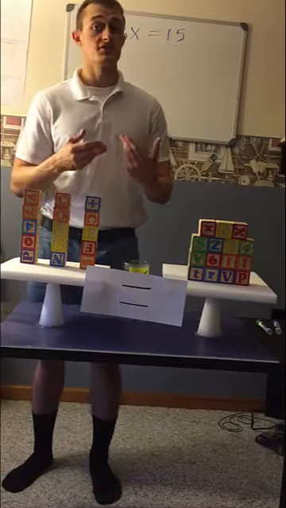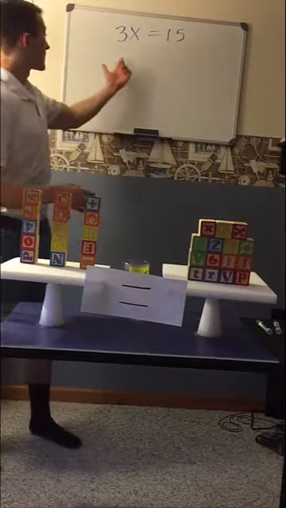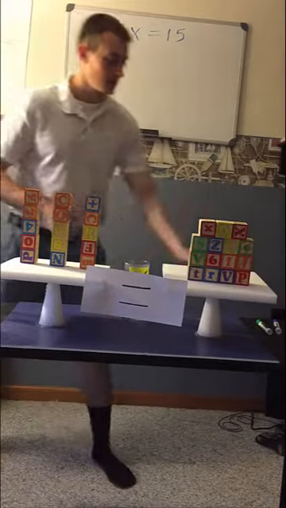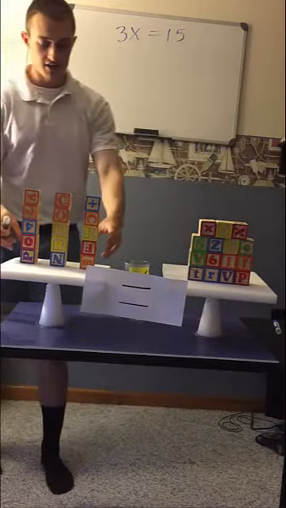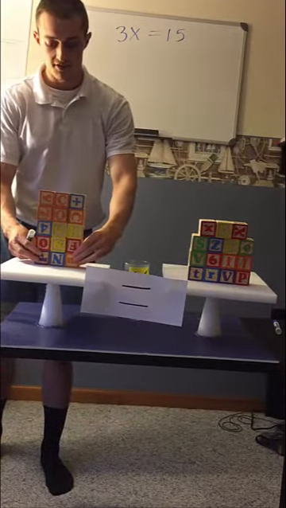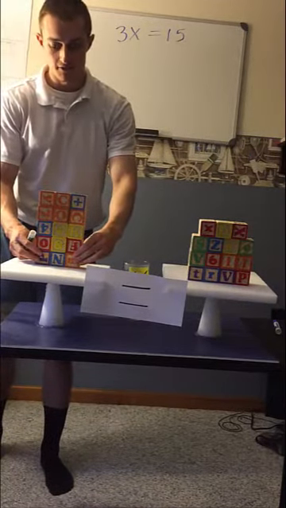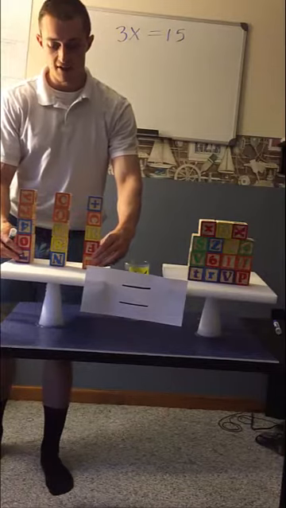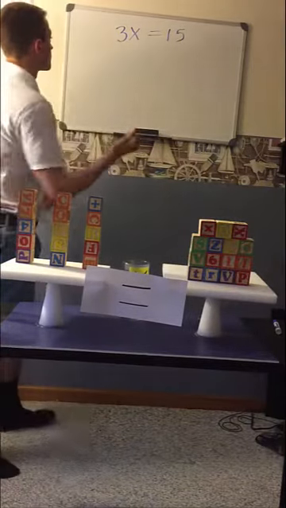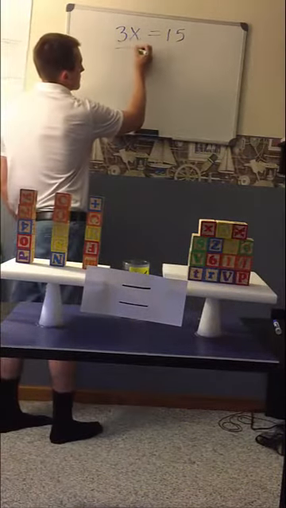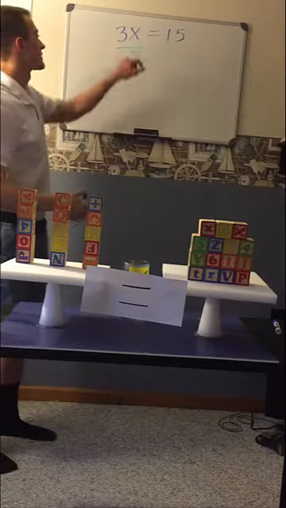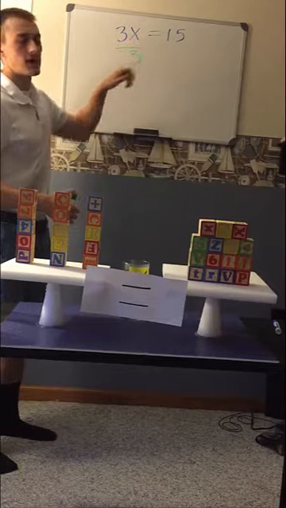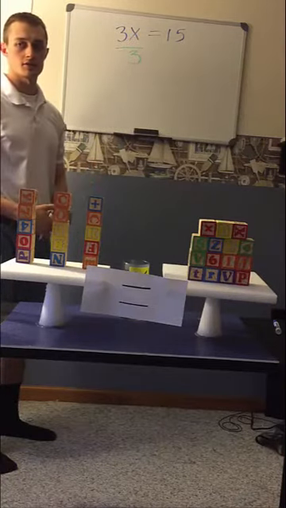And the way that I would describe that with my algebraic equation is that I would take my 3x's on this side of the equation. I had 15 to start, and it took 3 x's to equal 15, and I'm going to divide them by 3. Mathematically, I'm taking 3x and dividing by 3 on this side.